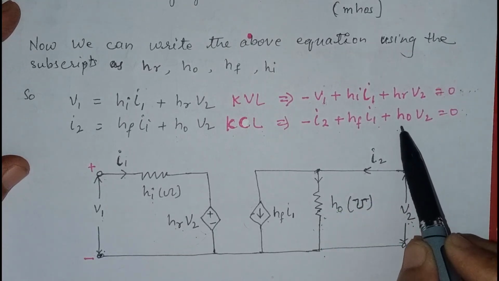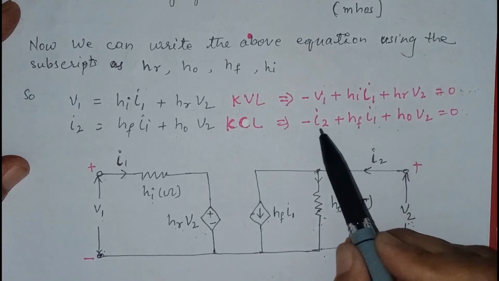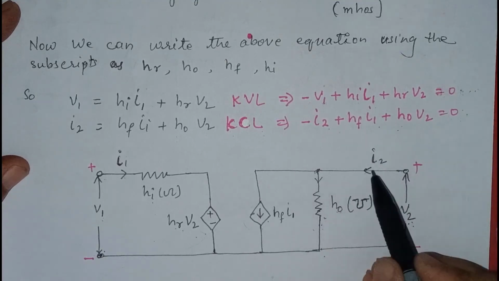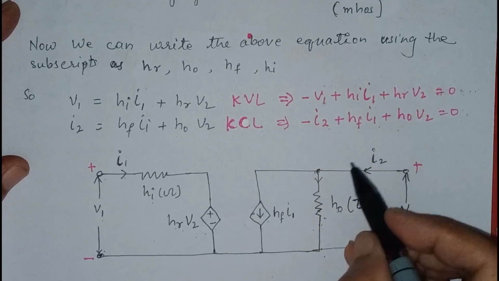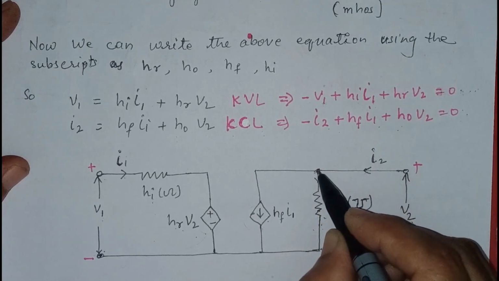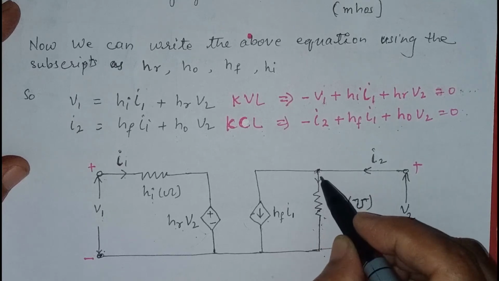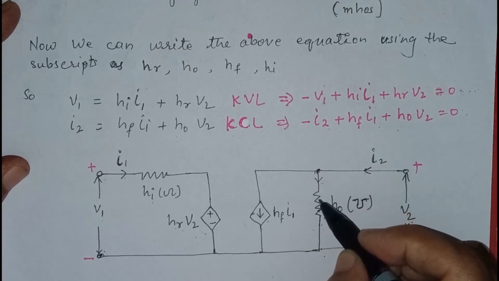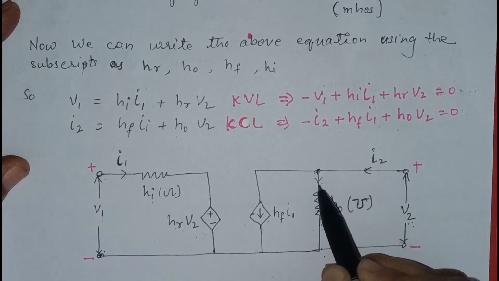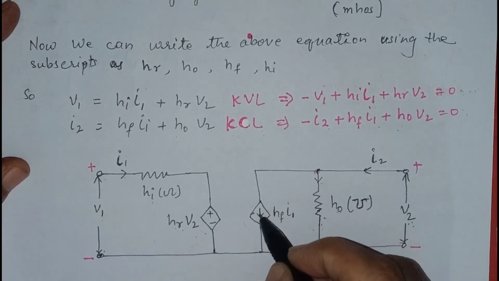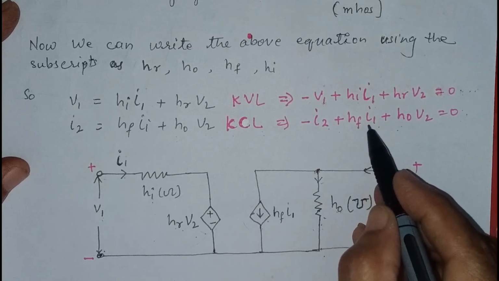Now we will use this equation for this side. Here the current is minus I2. We are taking this node. The sign convention is that when the current is going into this node it is negative, and the current leaving this node is taken positive. So minus I2, and the current here is leaving this node, so it is HF I1.